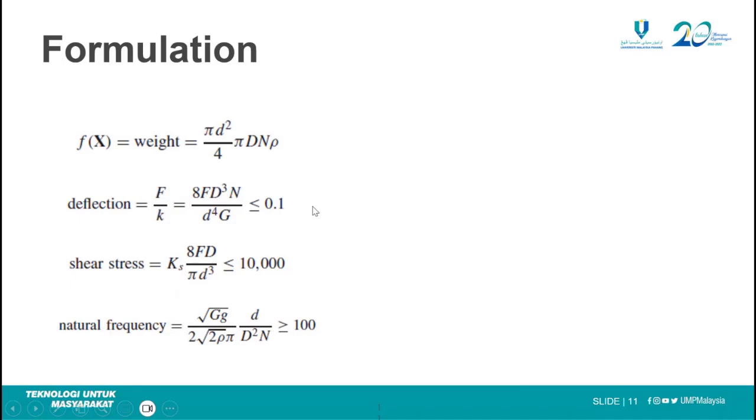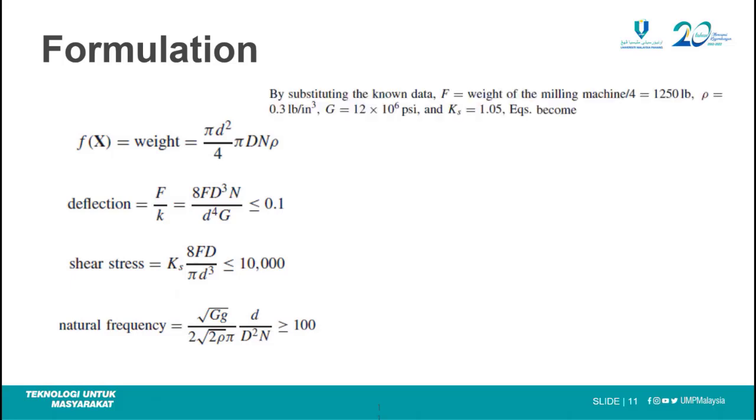So that is the job or the function of the algorithm, in order to find the best combination of parameters to achieve the desired weight, and also at the same time fulfill all the constraints.